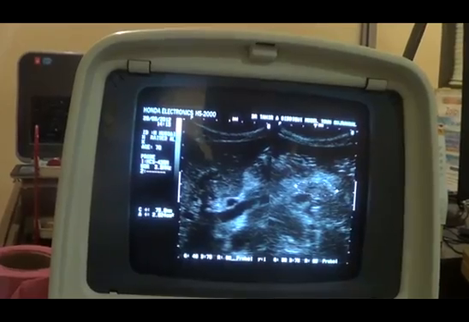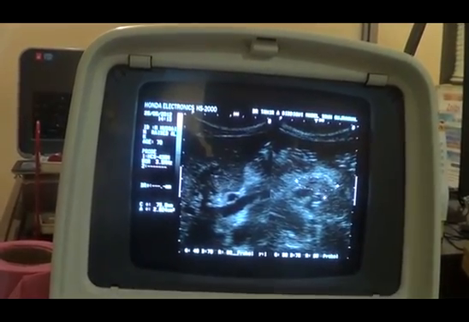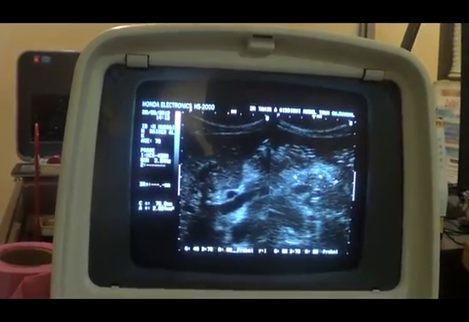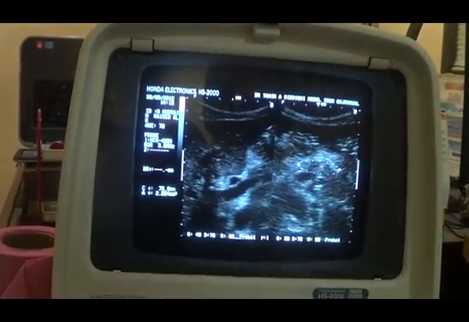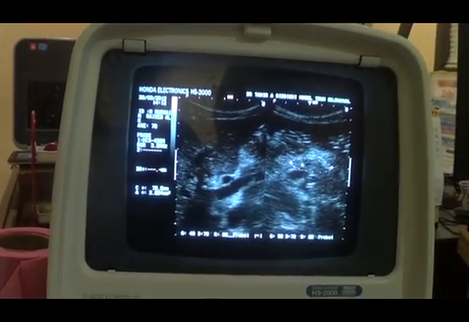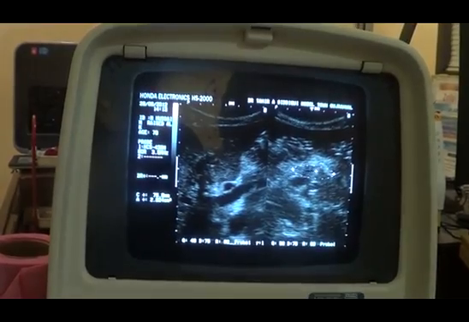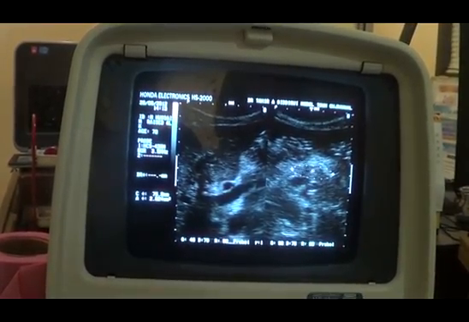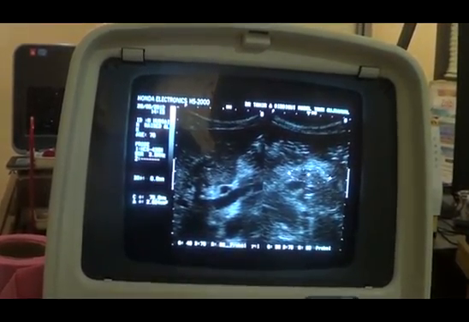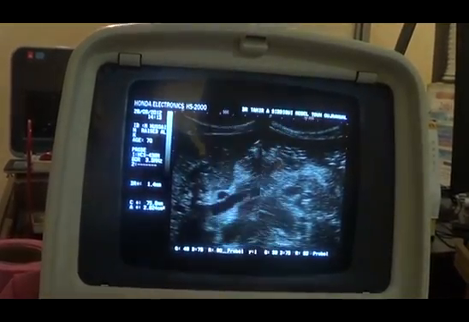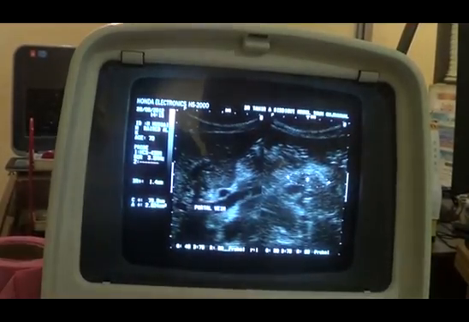Okay. This is the superior mesenteric vein, this is the splenic vein, and now if you see this tiny anechoic tubular structure, it is in fact the pancreatic duct, which is not dilated. So this was our portal vein.